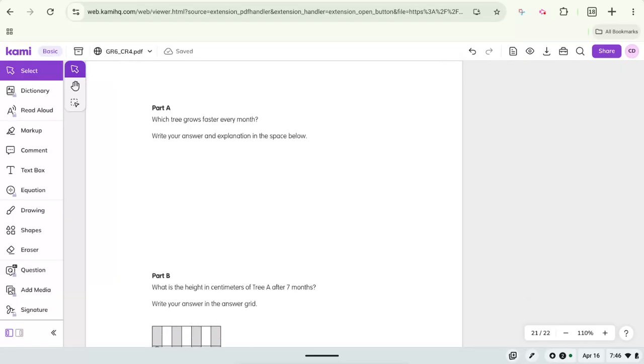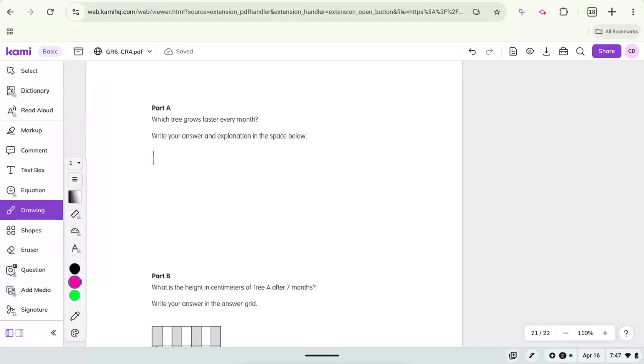Well, there are a lot of ways to do this. If you go back to the information for tree A, it grows 40 centimeters in 2 months. So 40 centimeters in 2 months means it grows 20 centimeters in 1 month.